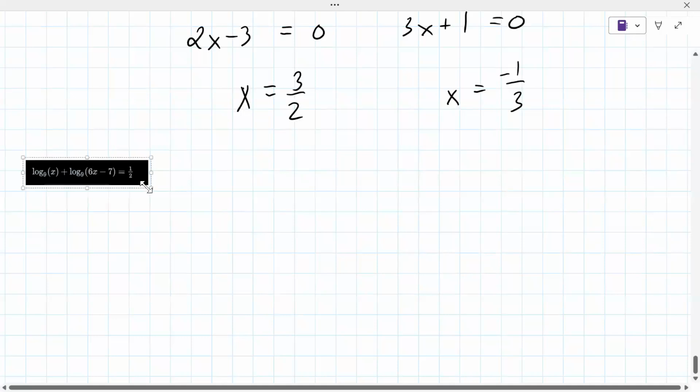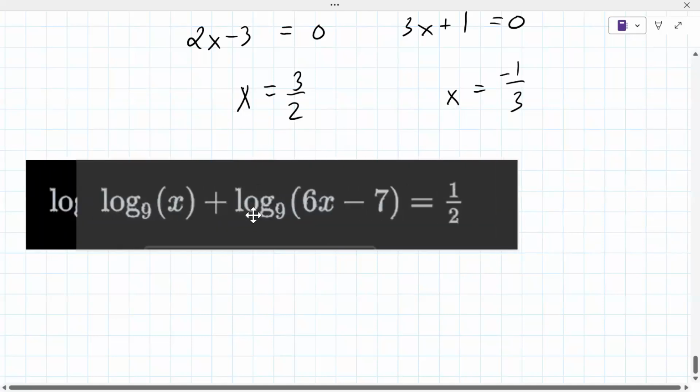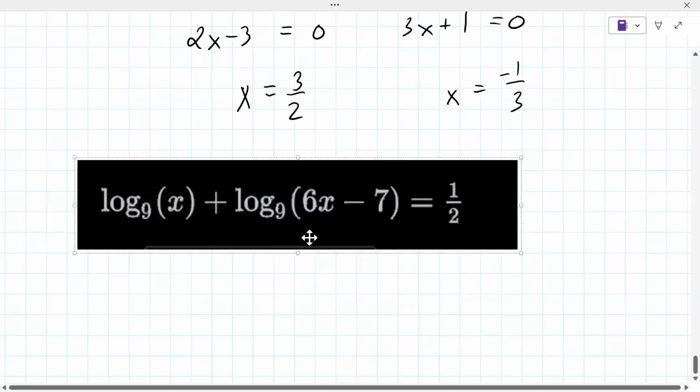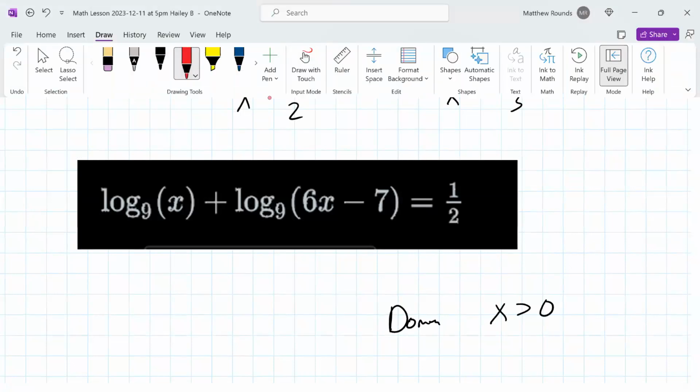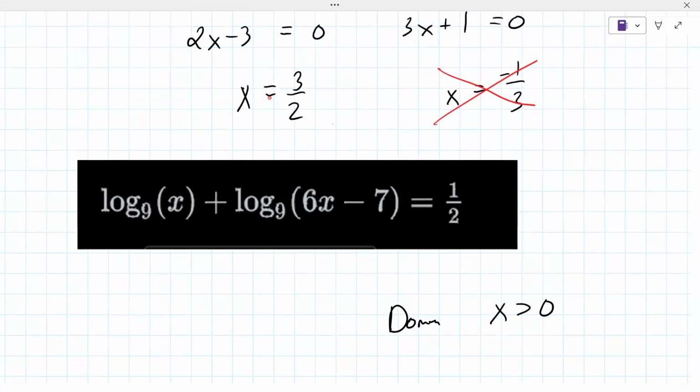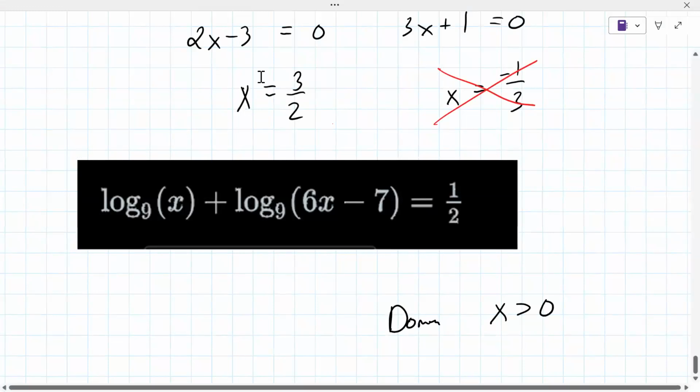Now, sometimes you get down in the weeds, like you're so far into this problem, you forget what you were even trying to do. Only one of these answers works based on the way the answer space is written. You've got to consider the domain. The domain is that x is greater than 0. So the answer that's negative doesn't work because when you put that back in, it's not in the domain.